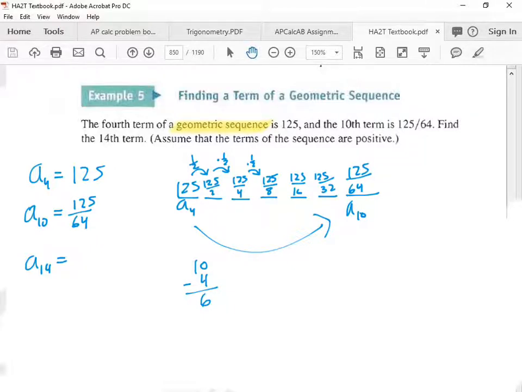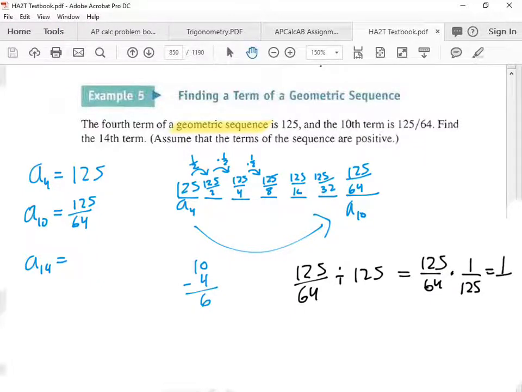Now let's relate this number with this number. What's the opposite of multiply? I'm thinking 125 over 64, and we're going to divide this by 125, which is the same as saying 125 over 64 times the reciprocal of 125, which would be 1 over 125, right? And so what do I get? 1 over 64.